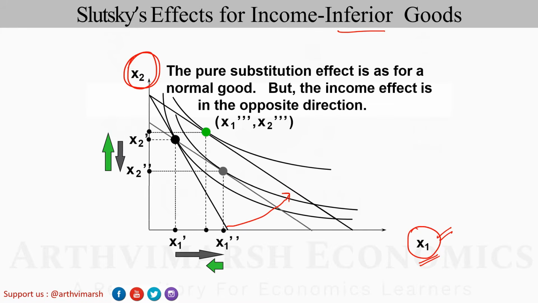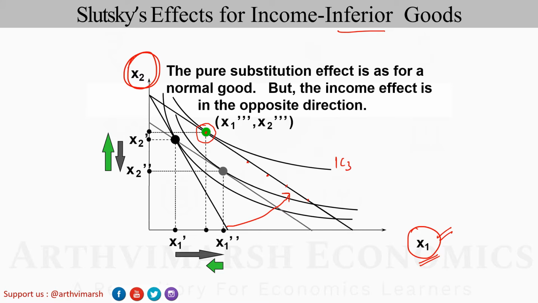Intuitively, when X1 becomes cheaper, the consumer is at an optimal point like this on IC3, where it is tangent to the new budget line obtained after the price change. It will be somewhere here and not towards the right, because remember this is an inferior good.